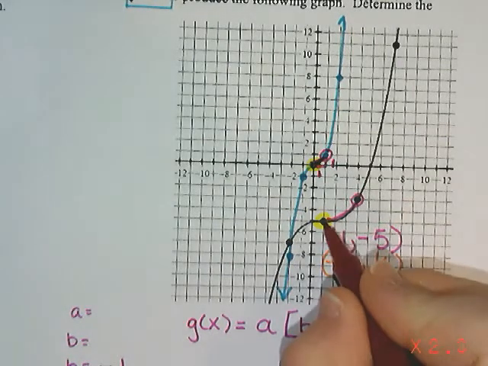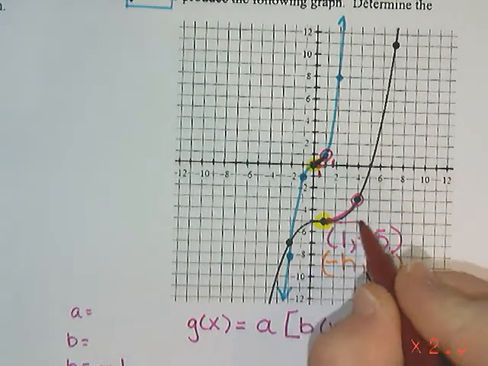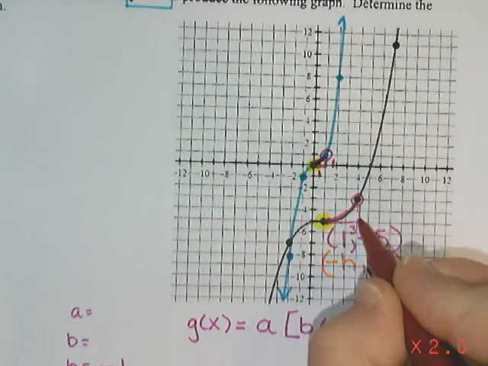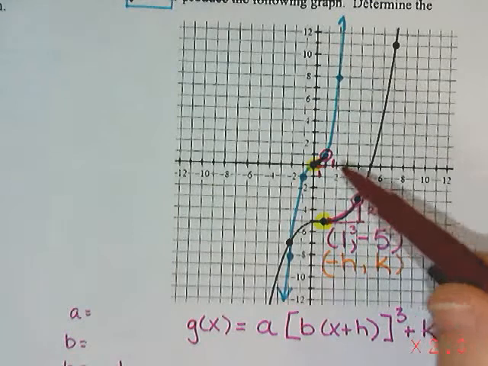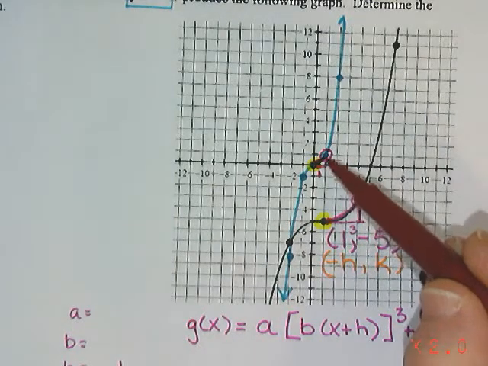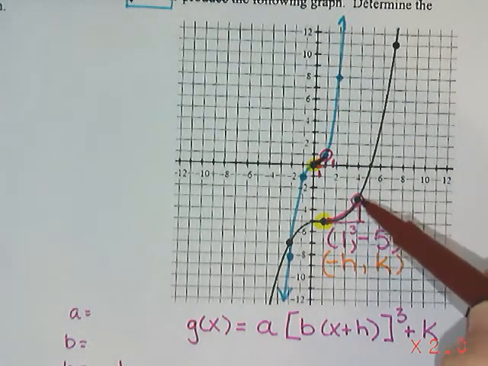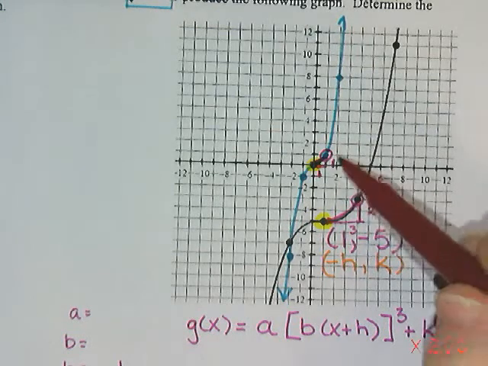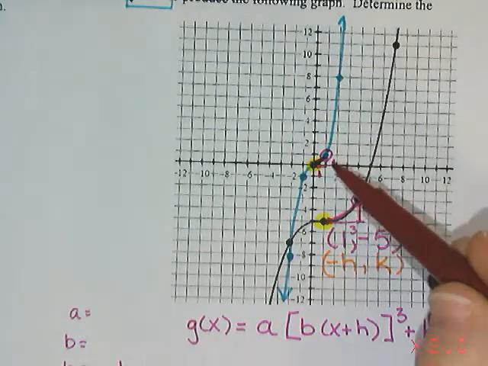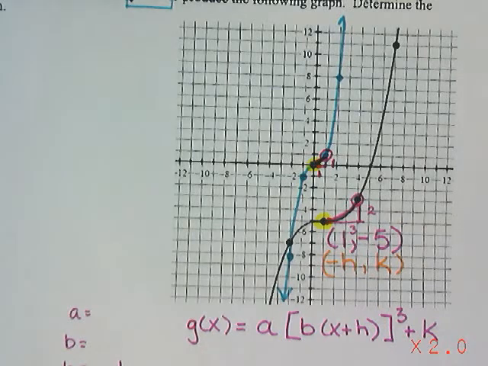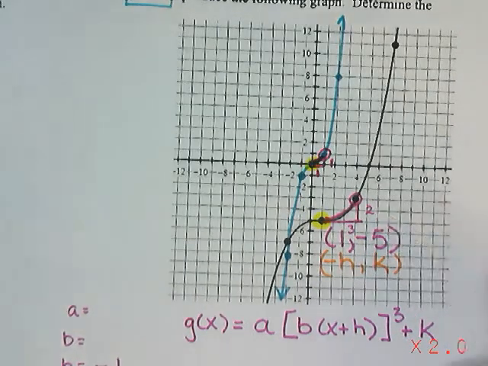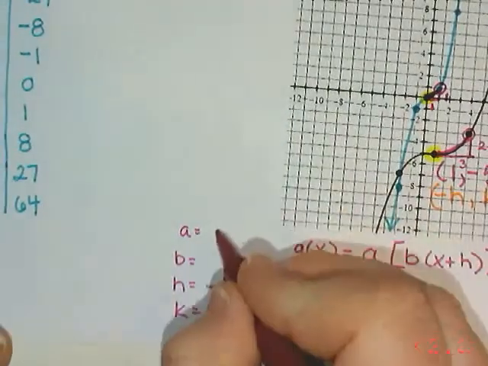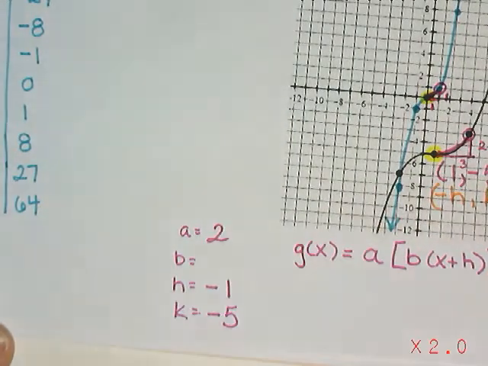This part here goes over 1, 2, 3, so it goes over 3 and up 2, right? So if I think about it vertically, it was going up 1, now it's going up 2. So this has been stretched by a factor of 2. 1 times 2 gives me 2. So I think this is a vertical stretch of 2. So that would make my A value 2.